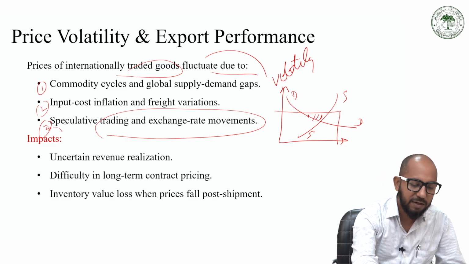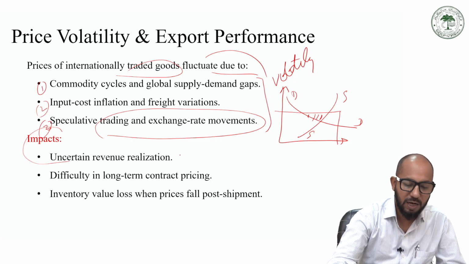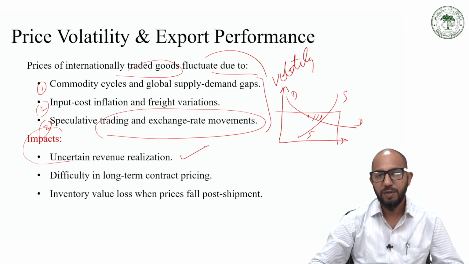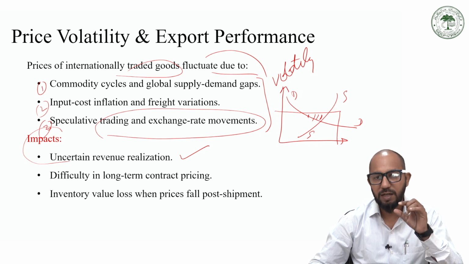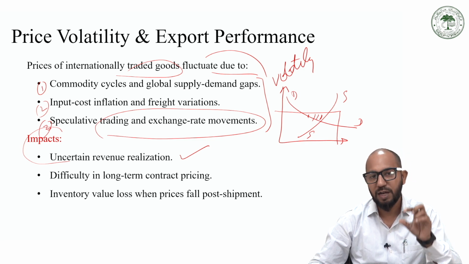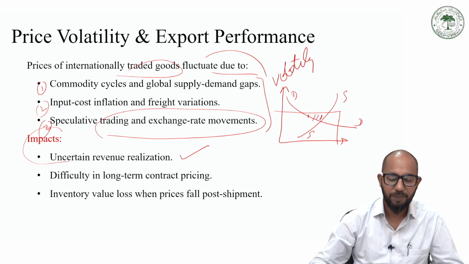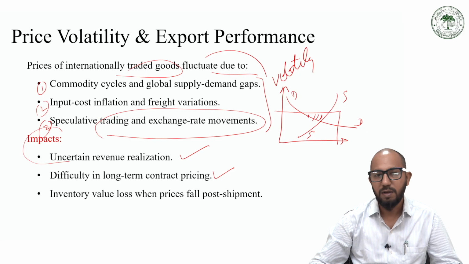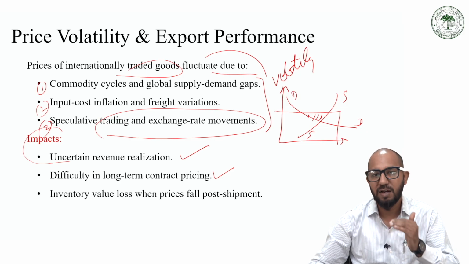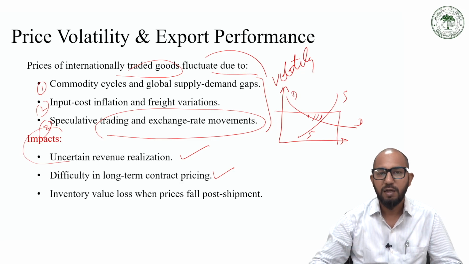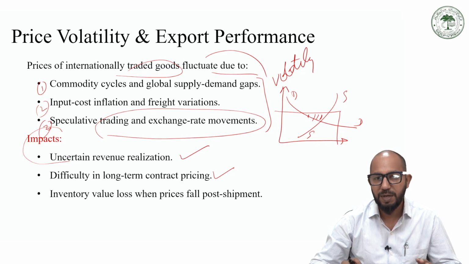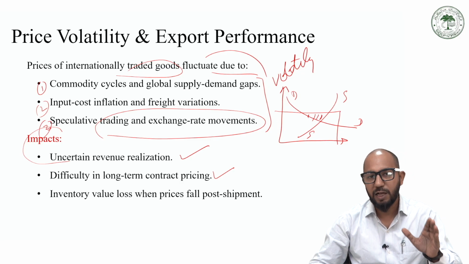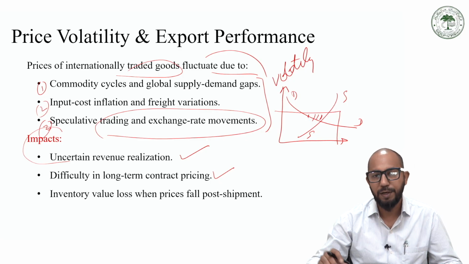Now, what are the impacts of these changes? The first is uncertain revenue realization. Due to these frequent price volatility changes, what will be the exact revenue that will be realized is a problematic issue. The second is difficulty in long-term contract pricing, because if price volatility is very high, which means prices are changing very frequently, then there cannot be a very specified price deal between exporter and importer for a long period of time.